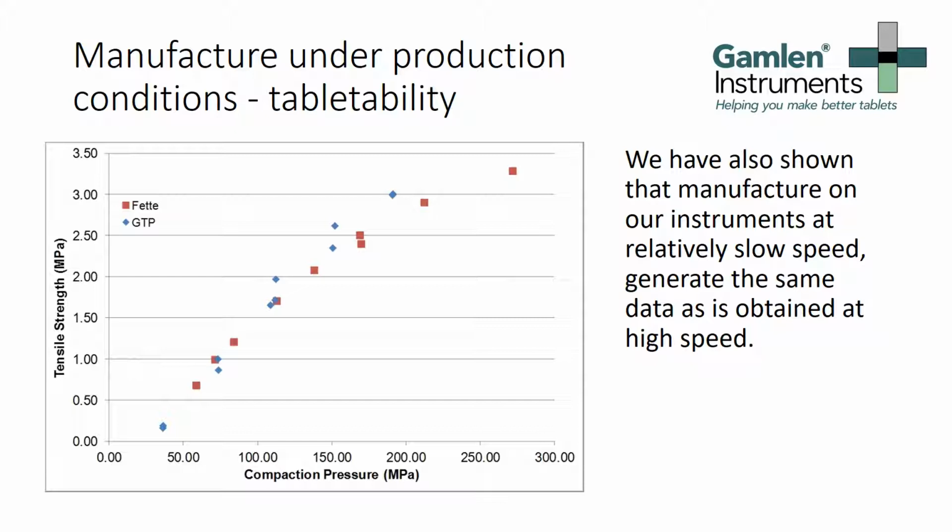In this example, we compared the tablet tensile fracture stress of 100 mg 6 mm diameter tablets made on the Gamlen instrument with an 800 mg capsule-shaped tablet made under production conditions on a Fette 2080 press. Again, the data lie on the same curve, despite the differences in speed, weight, and tablet shape.